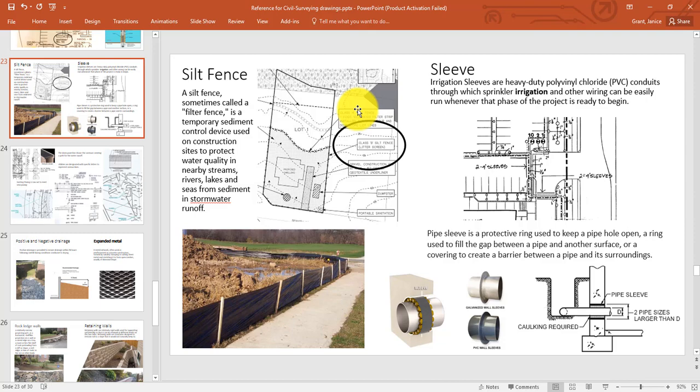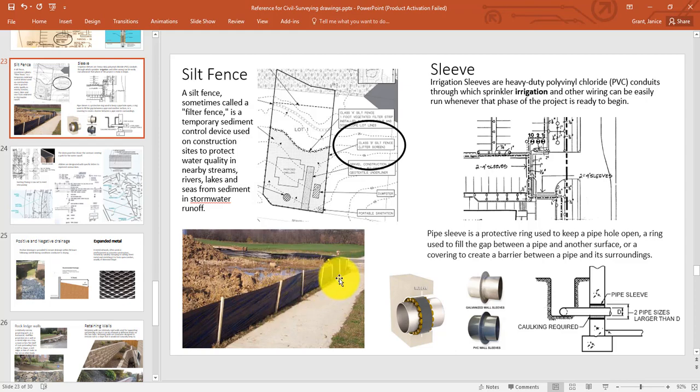During construction there's a lot of loose dirt or a lot of contaminants in and around the job site. We don't want that to run off the site, so we'll use this kind of fence, sometimes bales of hay, to stop the water from running off.